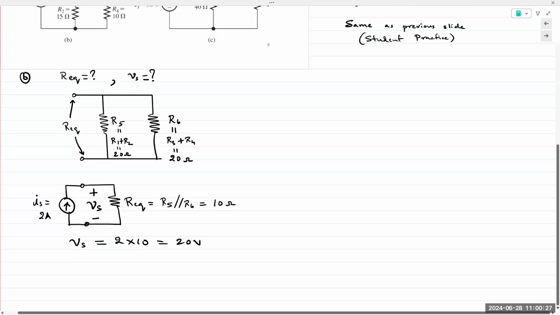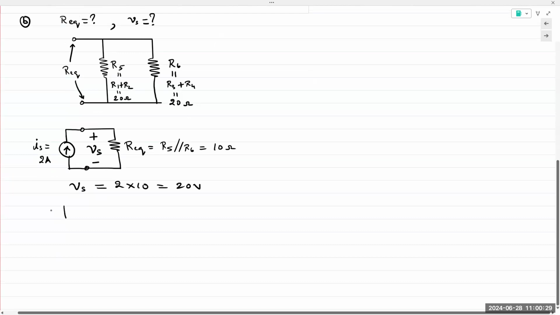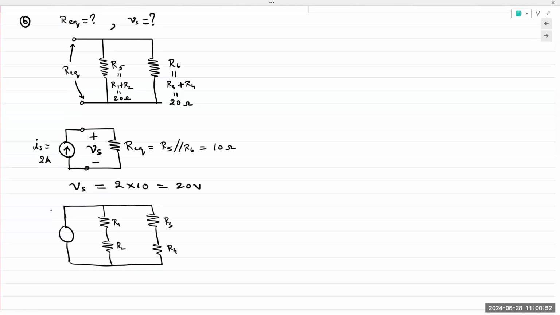So if I expand the circuit back up, R1, R2, R3, R4. And the voltage across all these nodes is 20 volts. Current IS flows here.